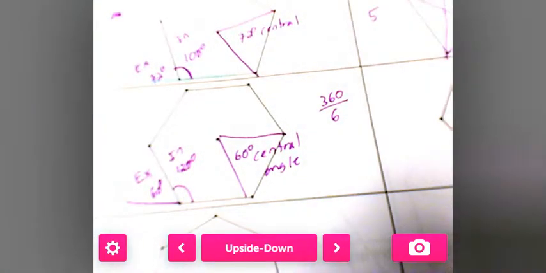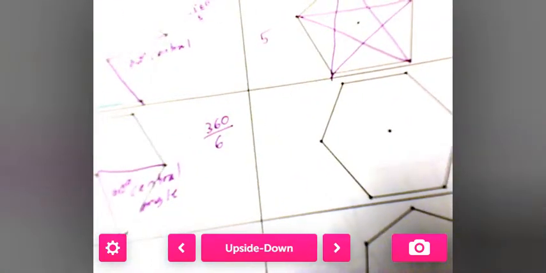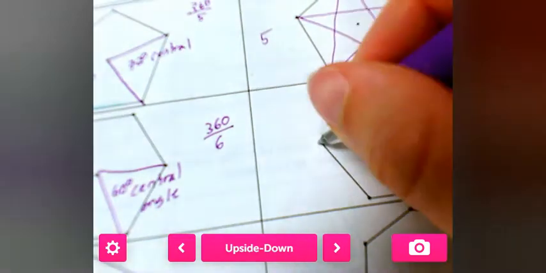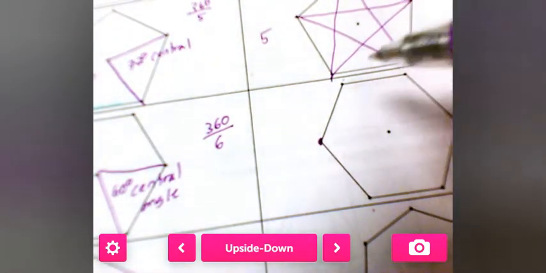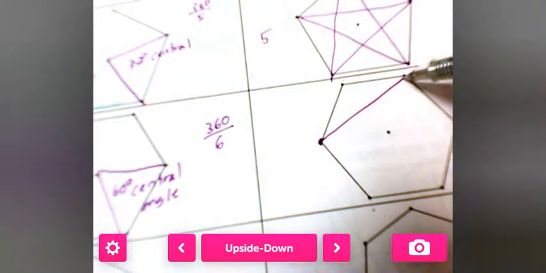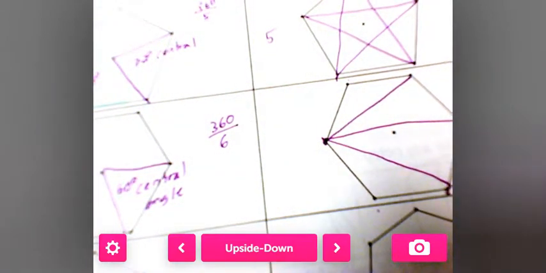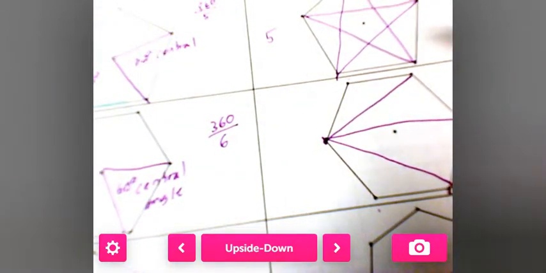Okay. Let's draw our diagonals for this one. I'm going to look at this vertex right here first. I can't go to the 2 next to it. There's already a line there. But I can draw a line. 1, 2, 3. Okay. Let's go to the next vertex. I'm going to go up.